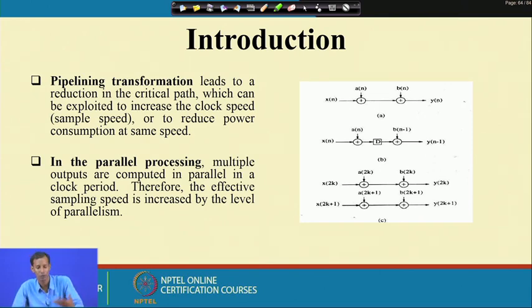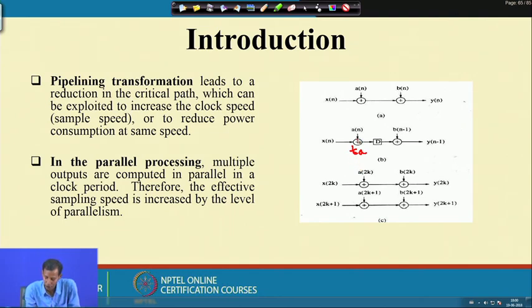So, at that time what will I do? If I put a register at the operator level, that means if I break this addition operation into 2 or 3 or 4, then again I can reduce the critical path. That means if I consider over here, at this time this is bounded by this adder delay.